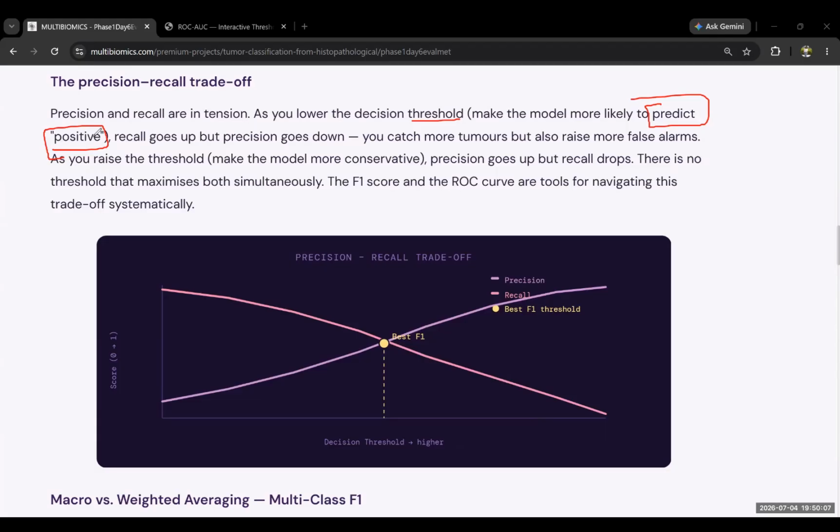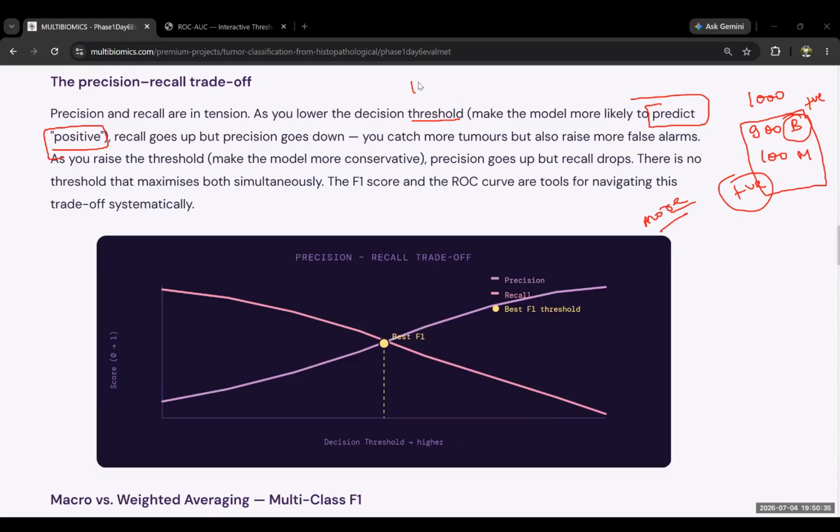If there are more positives, I told you in the very first example, if you have 1,000 samples and in that 900 are benign and 100 are malignant, if you are giving positive for benign, everything will be positive. So you're giving a very low threshold for positive.